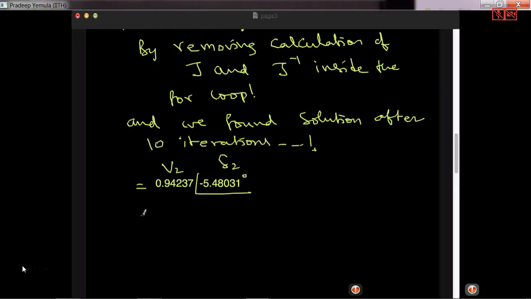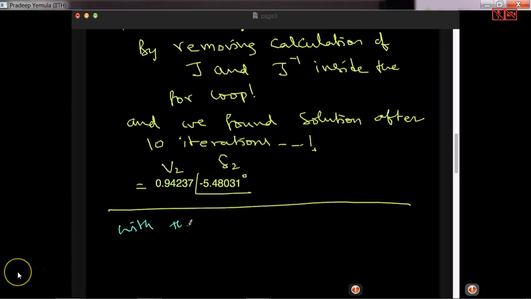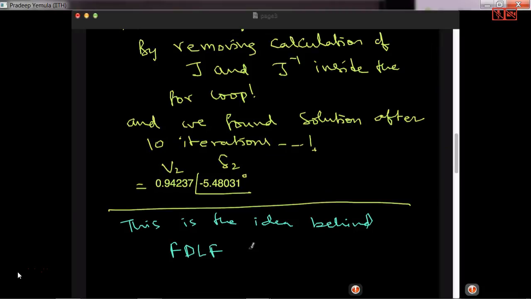So I hope with this simple idea, or let me write it, this is the idea behind FDLF, fast decoupled load flow.